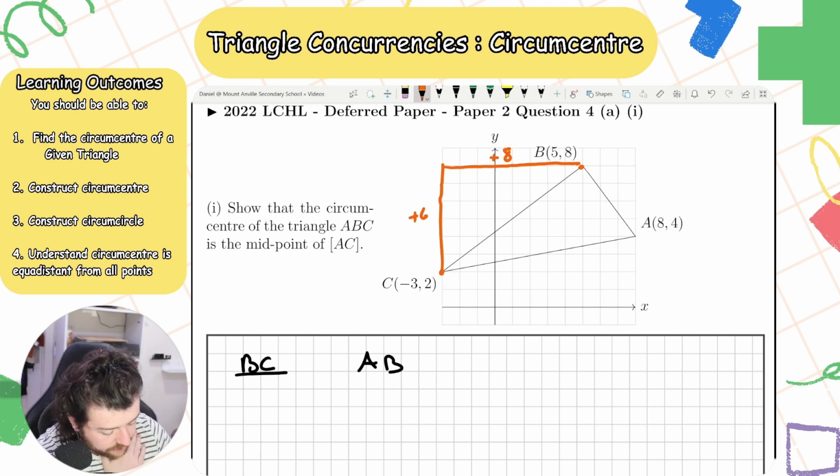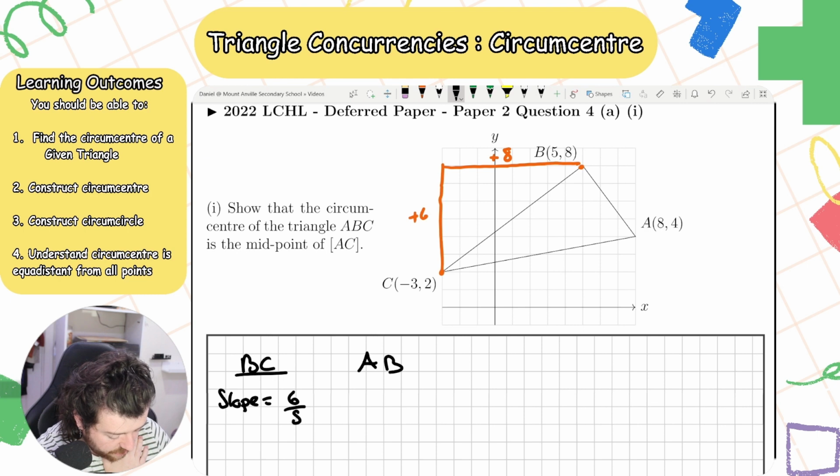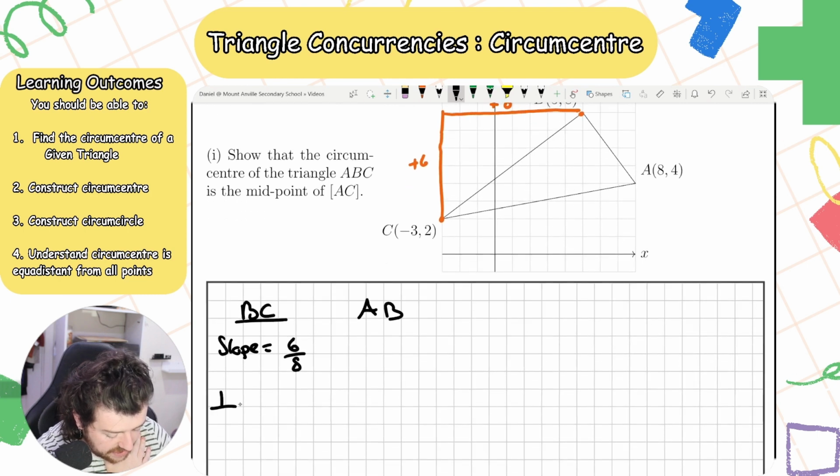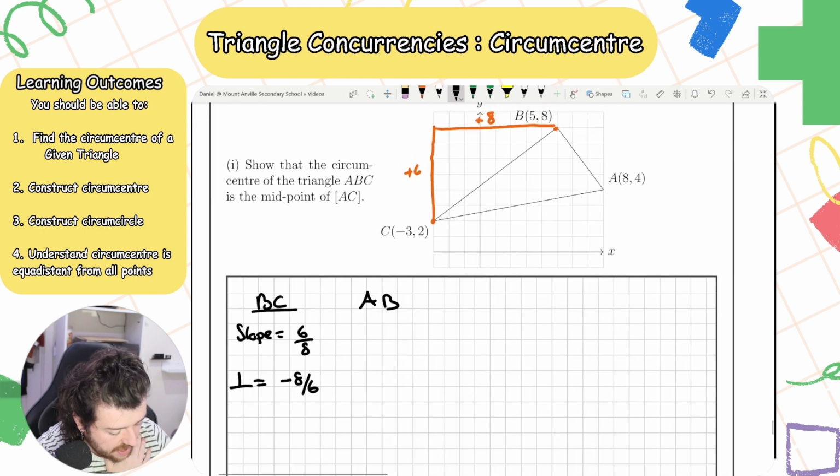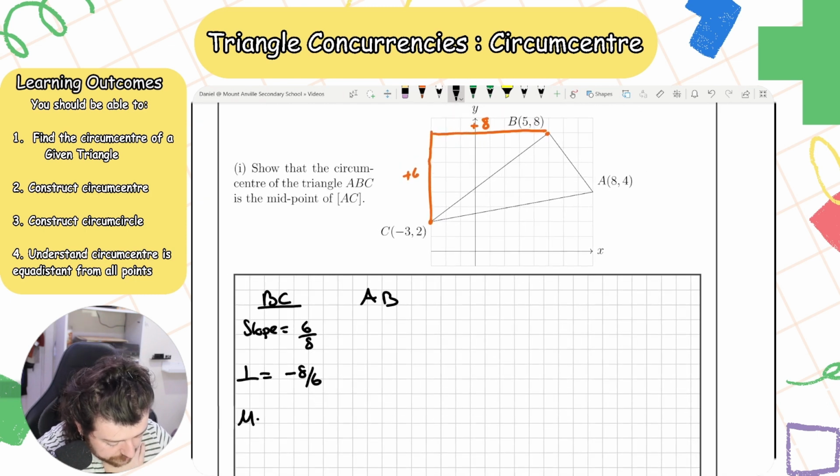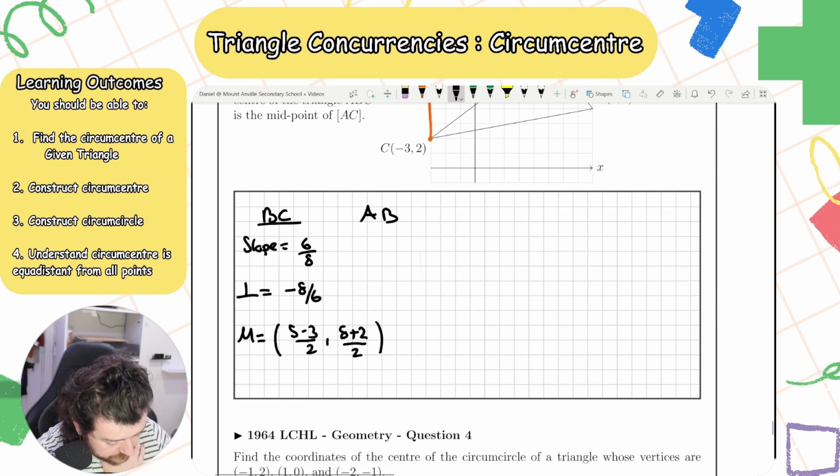So rise over run is going to be 6 over 8. Therefore the perpendicular slope is going to be minus 8 over 6. Then the midpoint is going to be 5 minus 3 divided by 2, 8 plus 2 divided by 2.